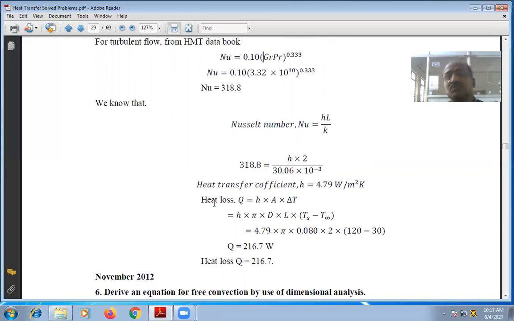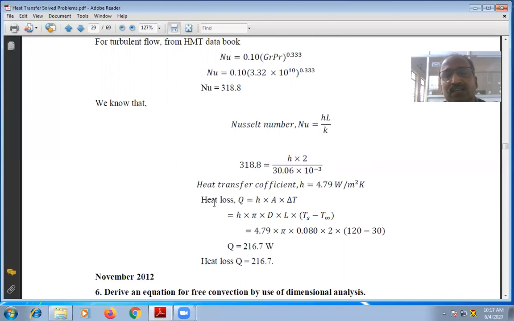These steps will repeat again and again. Only you have to decide where it will be laminar and where it will be turbulent. All this decision making process is available in the data book. So open the data book section on free convection, you can see the various equations there, and compare the solved problem with the available equations.